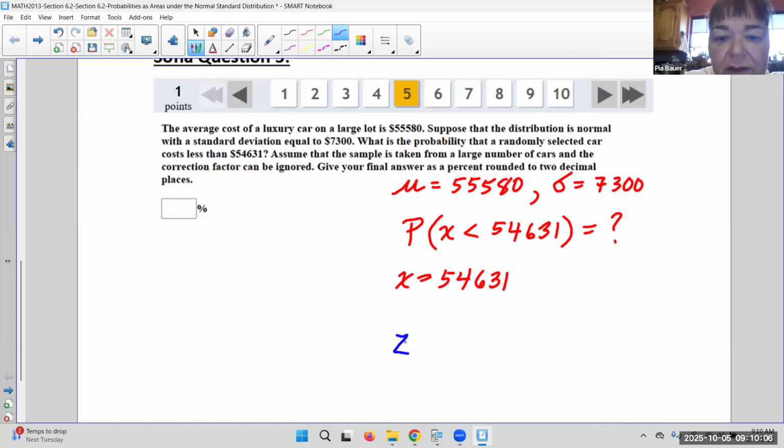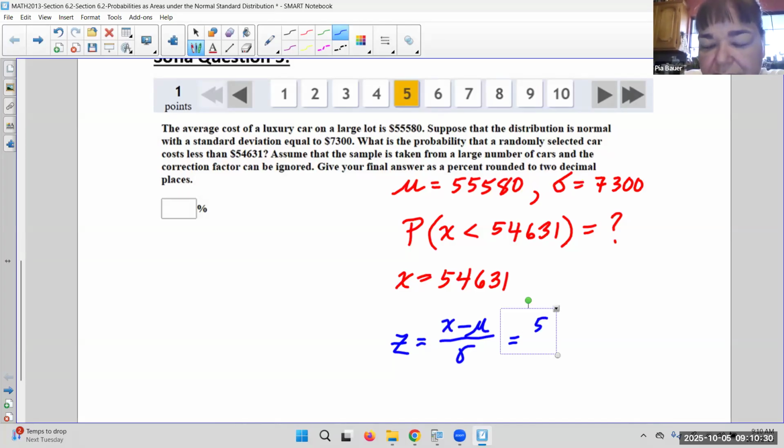So we have z equals x minus mu divided by sigma. The x value, random variable x, minus the population mean divided by the population standard deviation.